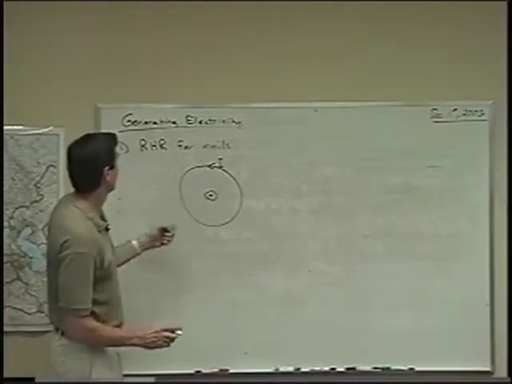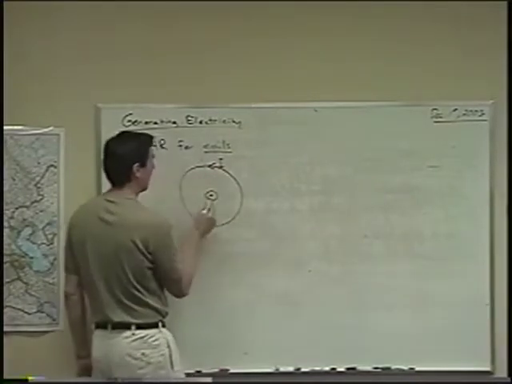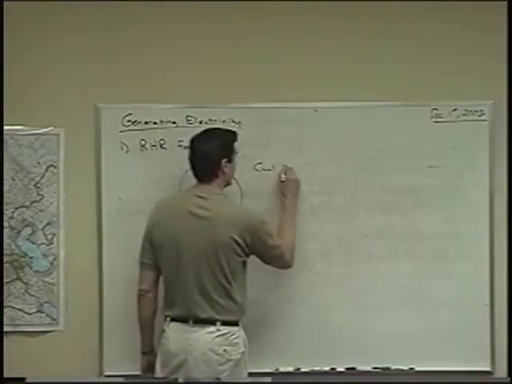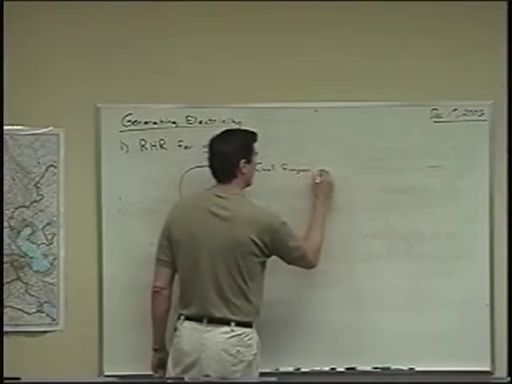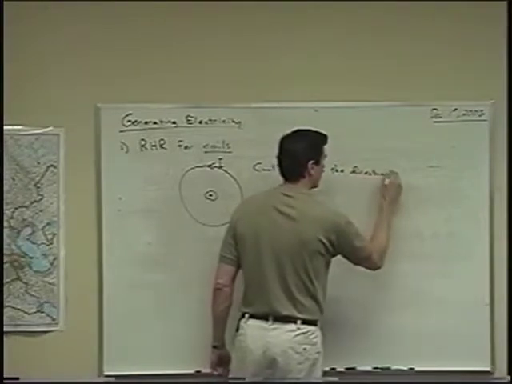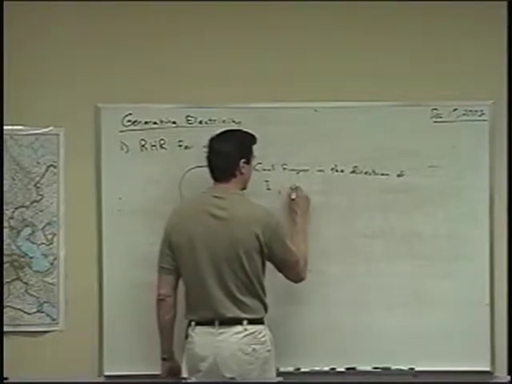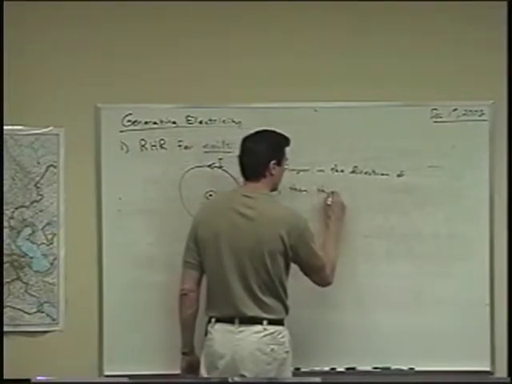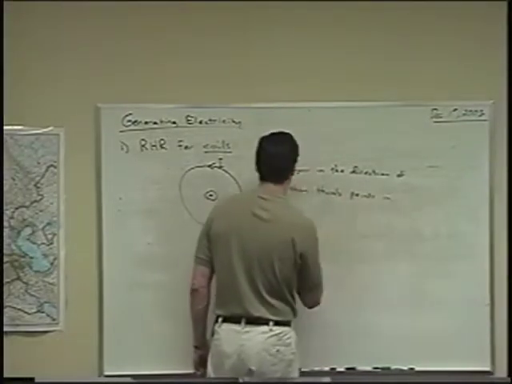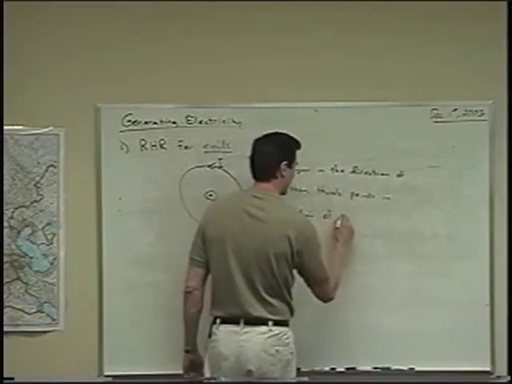So only for coils or loops we can say: curl fingers in the direction of the current, then thumb points in direction of magnetic field.